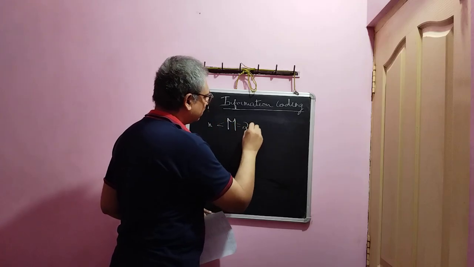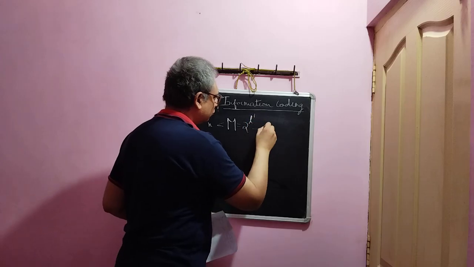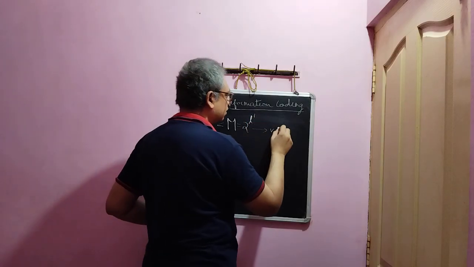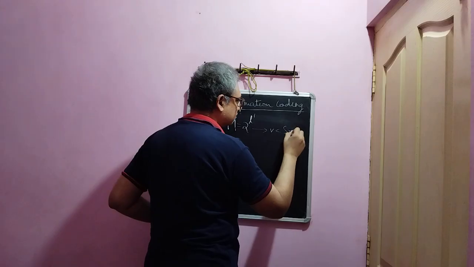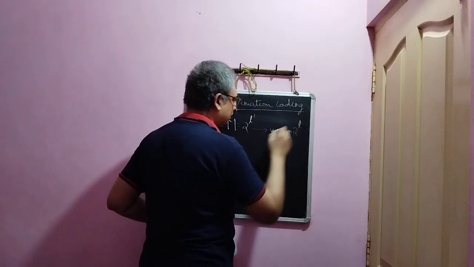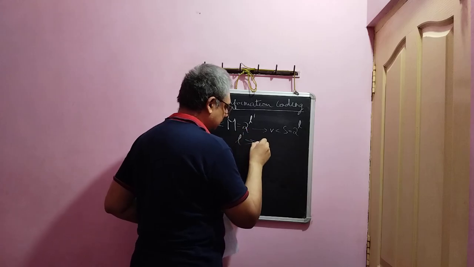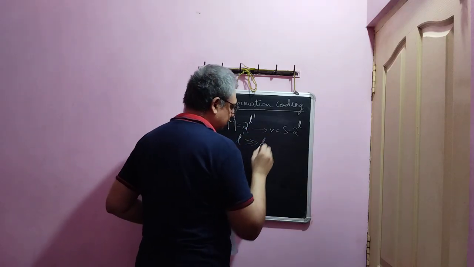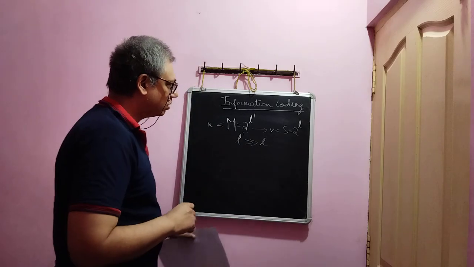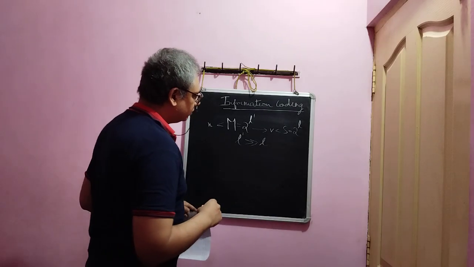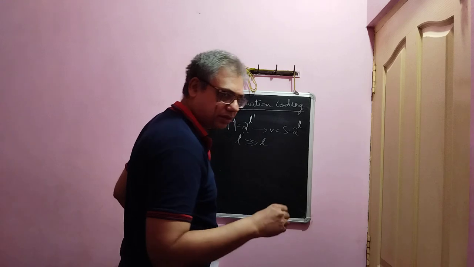Our objective is to map a number n which is less than m equal to 2 power L dash to a value v which is less than s equal to 2 power L, where L dash is much larger than L. Okay. Now in this approach we try to define a function.